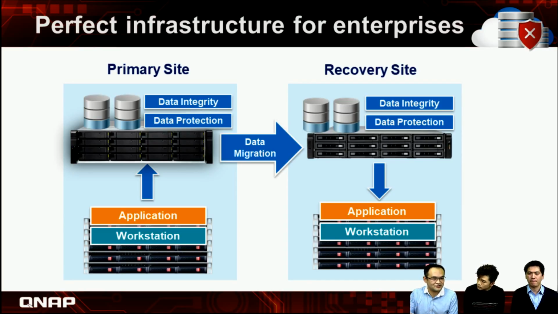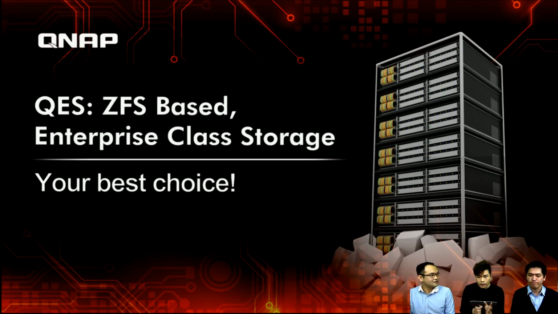On the primary side, we can choose the ES-1640DC, which is a dual controller design to guarantee your service is non-stop, and prepare another TES series on your recovery side to do the data migration, to guarantee your service can be continued when a disaster happens.